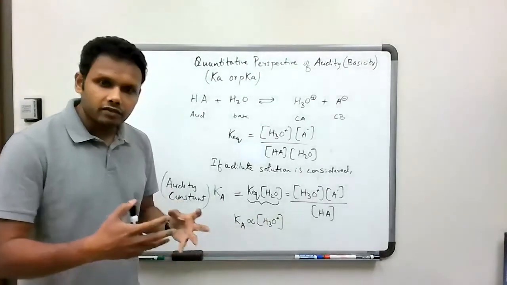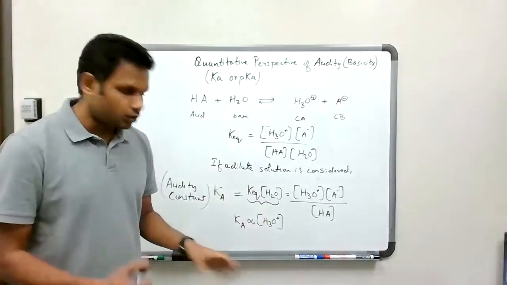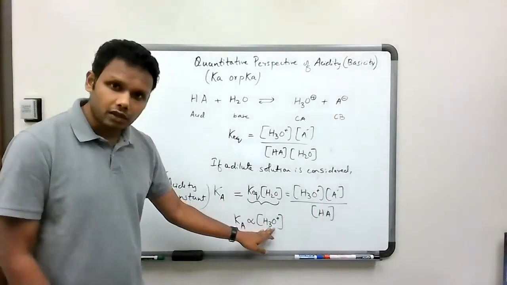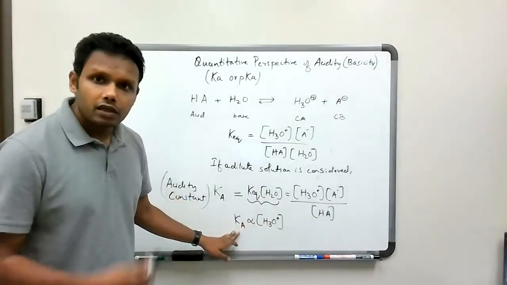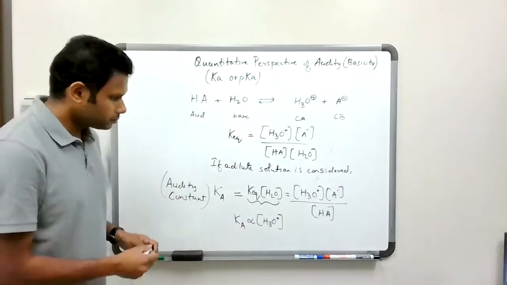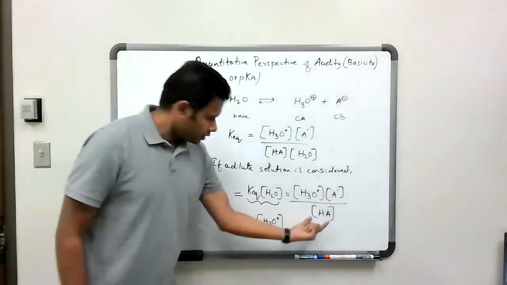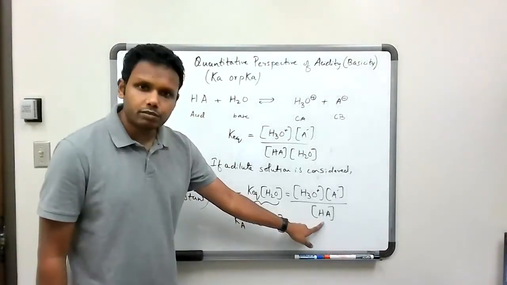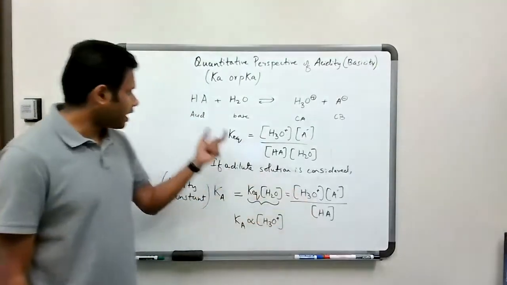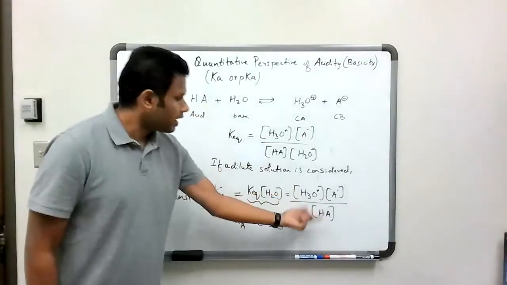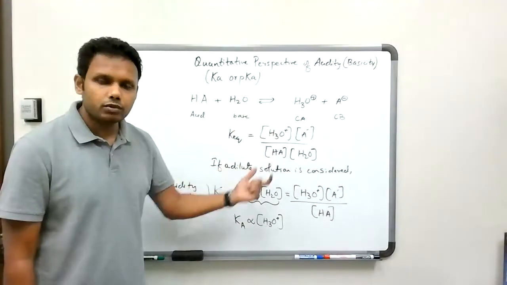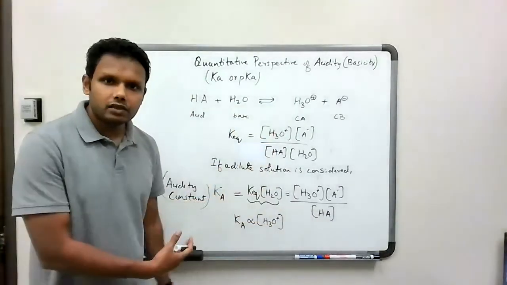So if we have a higher hydronium ion concentration, if this is large, then Ka is going to be large. And Ka is inversely proportional to HA, the acid concentration. So if there's a lot of acid present at equilibrium, then Ka is going to be small.